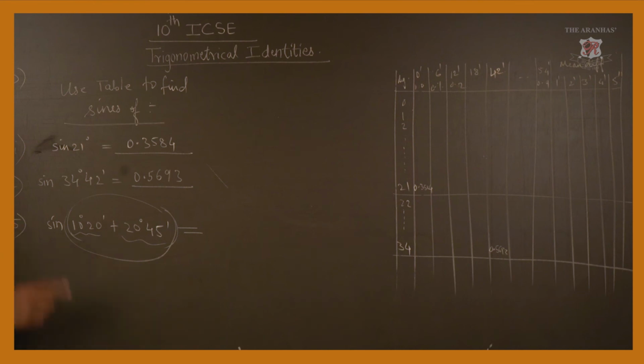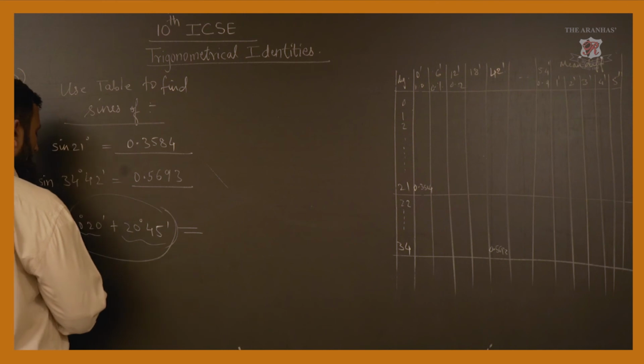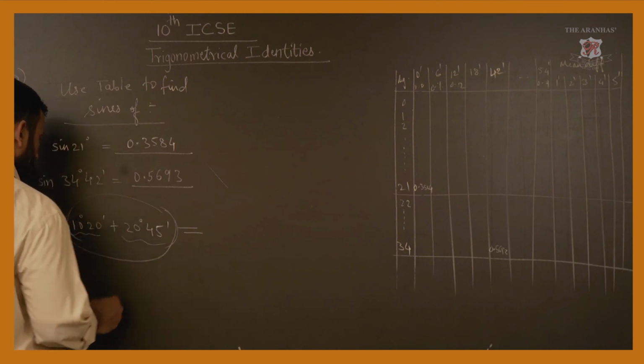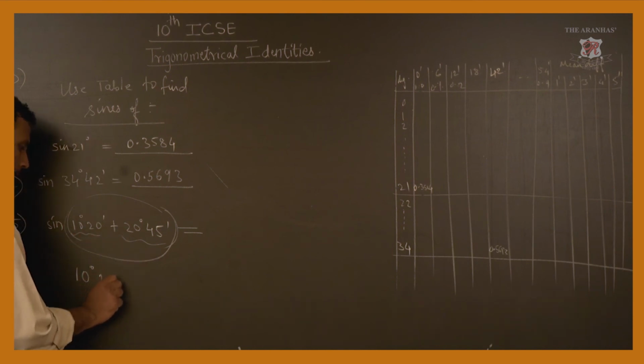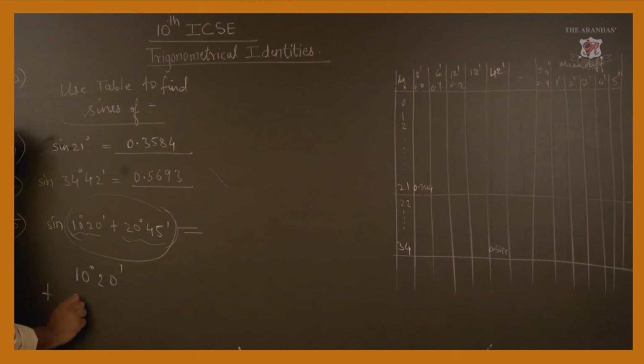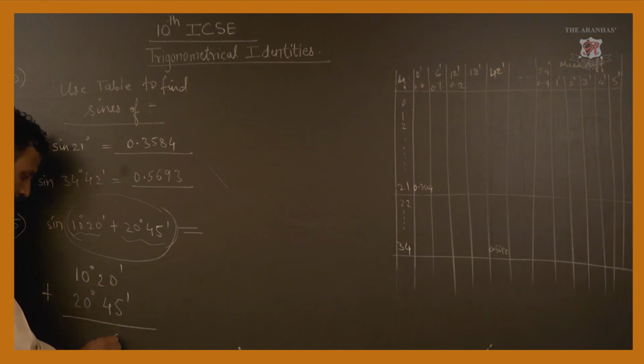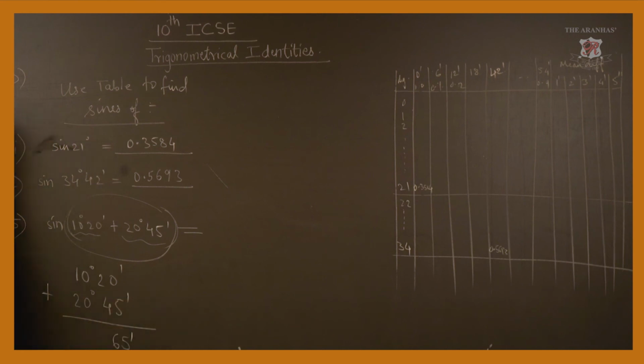Now the situation is very interesting here. I will simply write the values: 10 degree 20 minutes plus 20 degree 45 minutes. Let us add this. This comes out to be 65 minutes, and 10 degree plus 20 degree is equal to 30 degree.